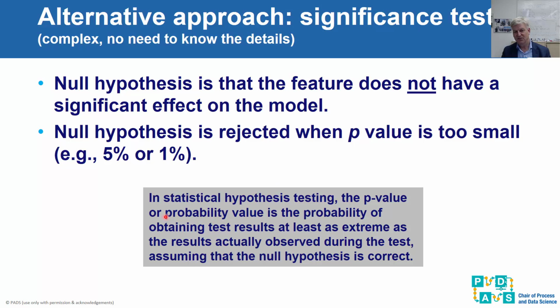As always in statistical hypothesis testing, the p-value is the probability of obtaining test results at least as extreme as the results actually observed during the test, assuming that the null hypothesis is correct. So we assume that the feature does not have a significant effect, and then we see whether we can reject it because the p-value, let's say, is absurdly small.